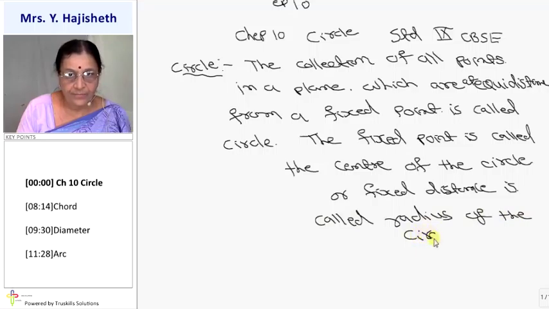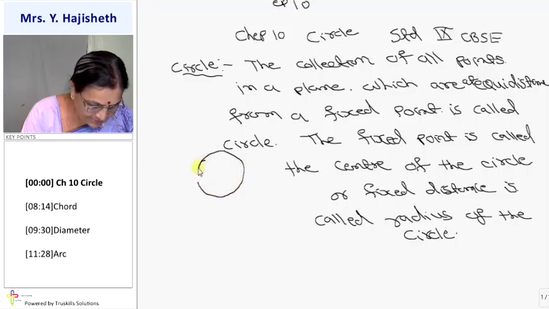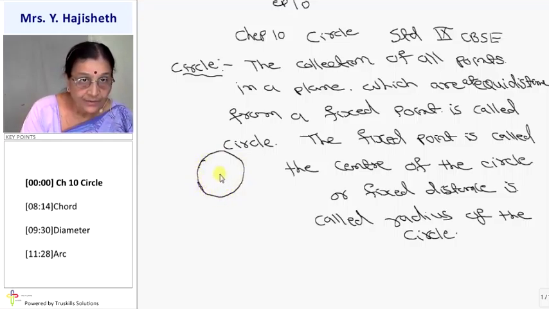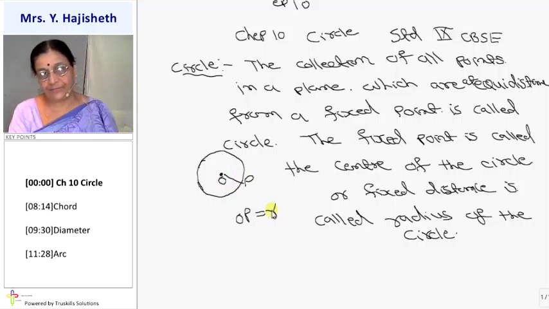Now see the figure. If I draw a circle, it is like this. This is a fixed point. We call it the center of the circle. And this fixed distance, OP, is called R, radius.